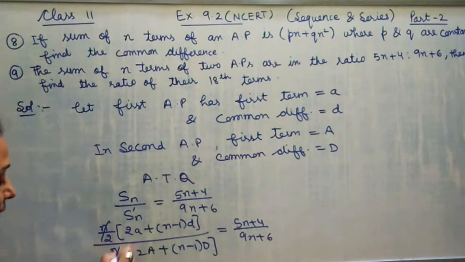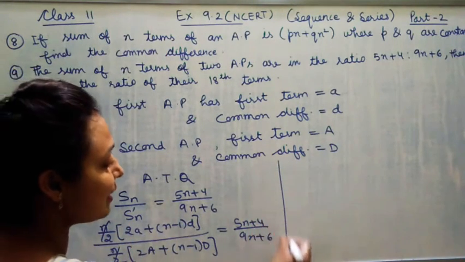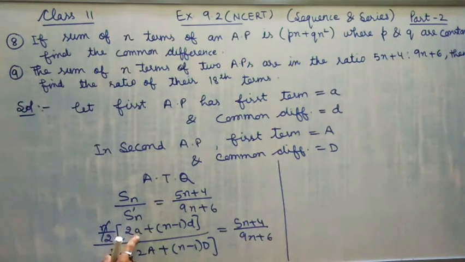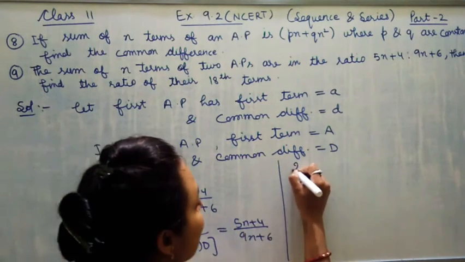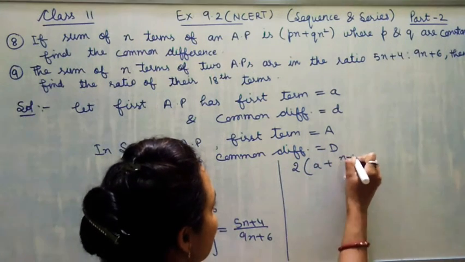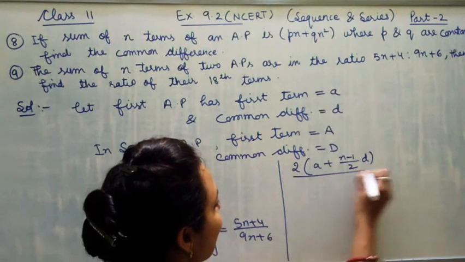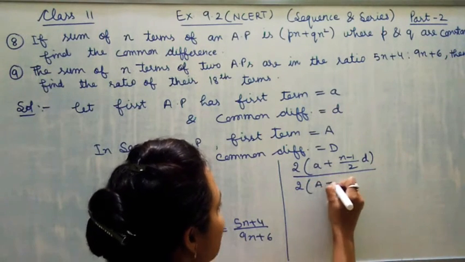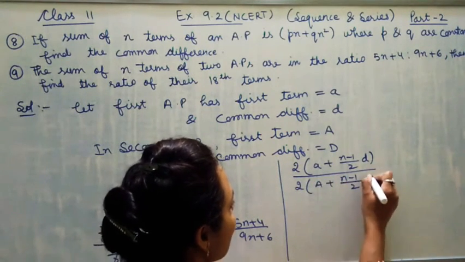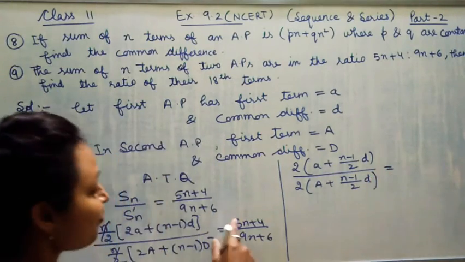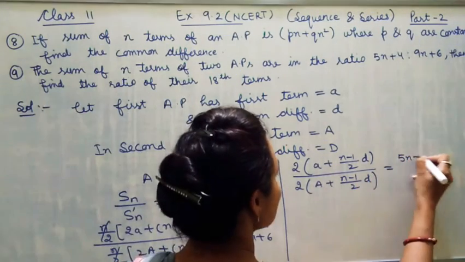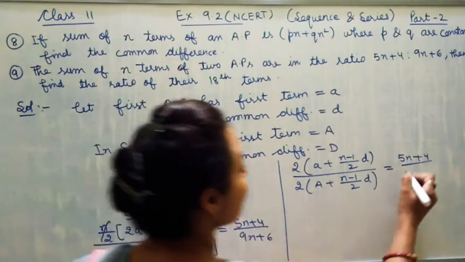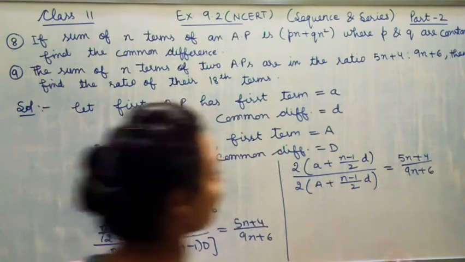Now the n by 2 and n by 2 will cancel. In the next step, I will take 2 common, so we get A plus (n minus 1) upon 2 D, over capital A plus (n minus 1) upon 2 capital D, equals 5n plus 4 divided by 9n plus 6.